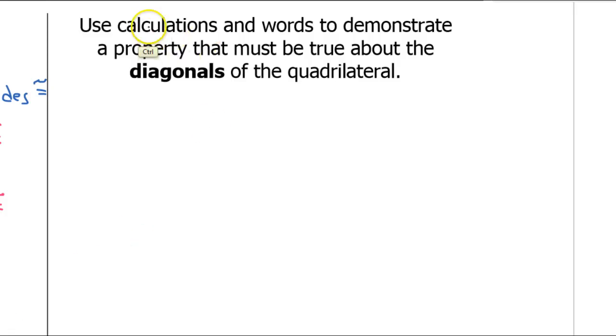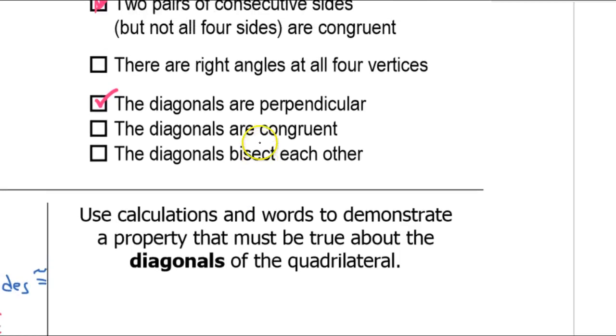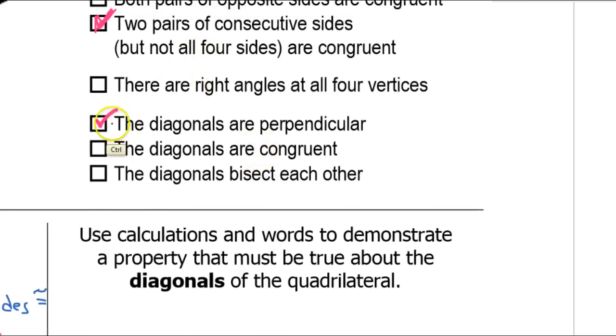In the next section, we need to use calculations and words to demonstrate a property that must be true about the diagonals of the quadrilateral. Okay, so looking at what we just checked off, the second check mark represents a property of the kite. The diagonals are perpendicular.